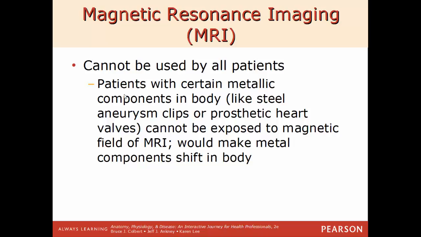Now think of what they're being placed into. It's a really big magnet. You don't want someone who has anything metal inside them to be put inside a big magnet. It would basically rip it out of them. So it's not really worth that risk to even attempt to do something like this with MRI. People who have those kinds of implants, who have prosthetic valves, can't even be exposed to MRI.